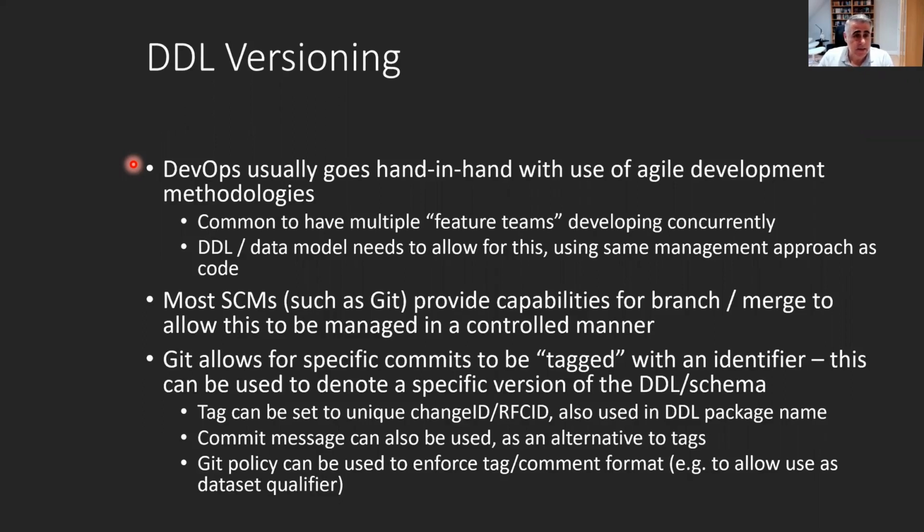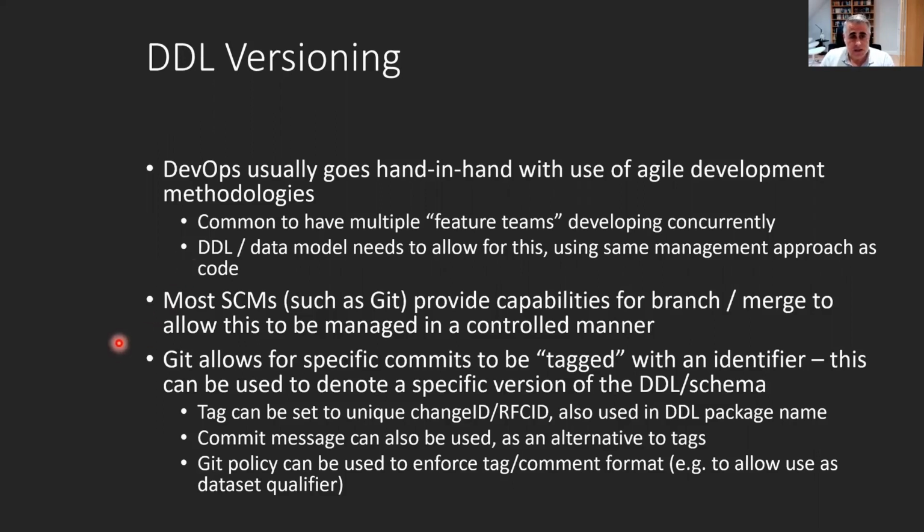And you need some way of being able to manage that. In the same way as you might use branch and merge capability in Git or whatever SCM you're using for your code, so that you can have multiple versions of code being developed concurrently, you can do exactly the same thing with the DDL if you're storing that DDL inside something like Git.